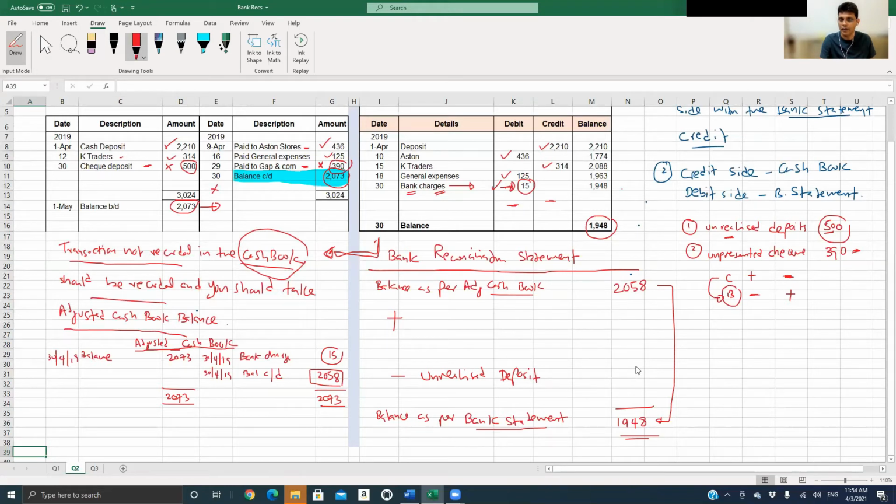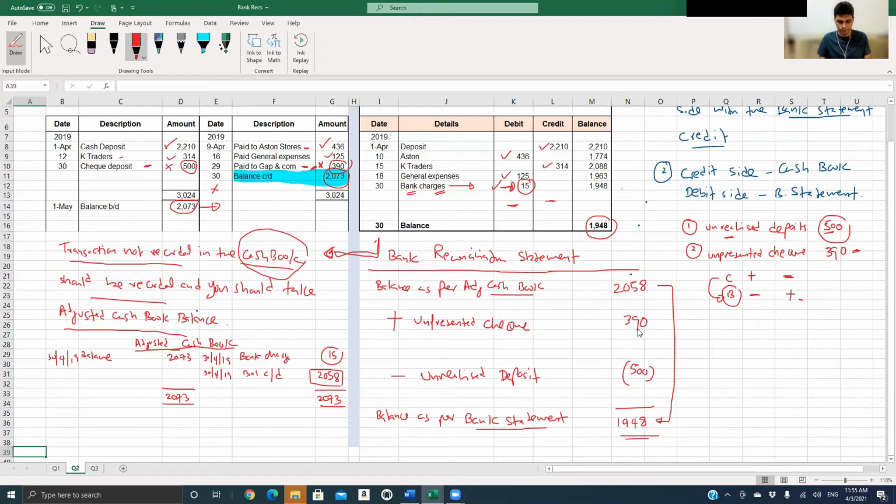Unrealized deposit 500, and this unpresented check has to be added, because the bank has not paid out the money, whereas we have already deducted this amount in the cash book. So therefore the bank balance is more. We have to add it back.